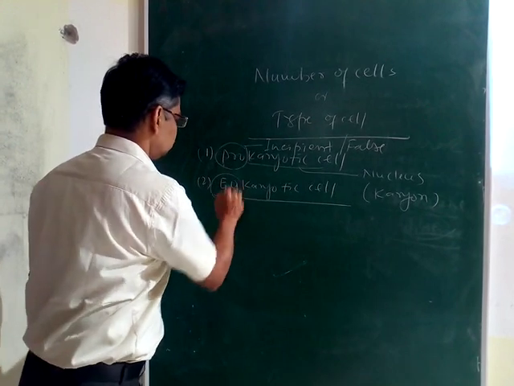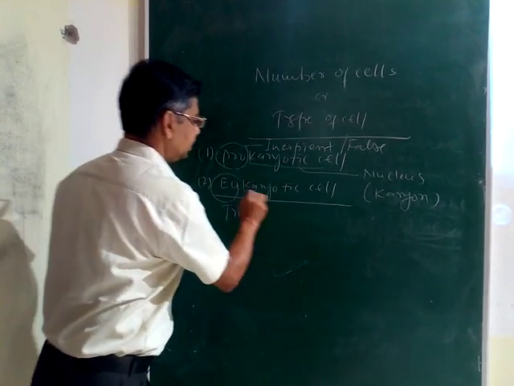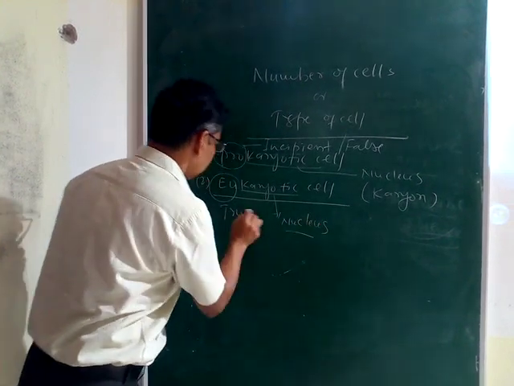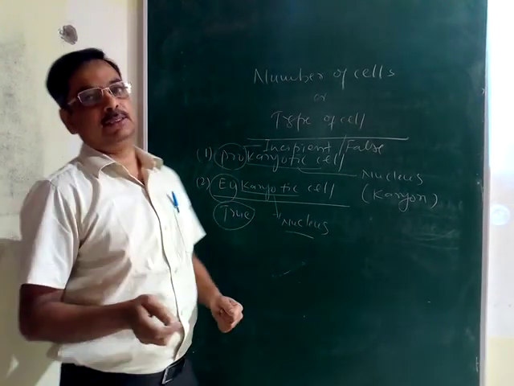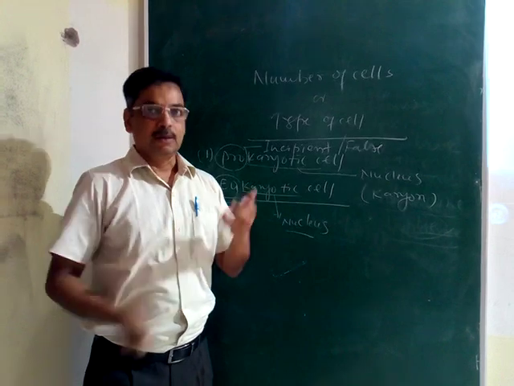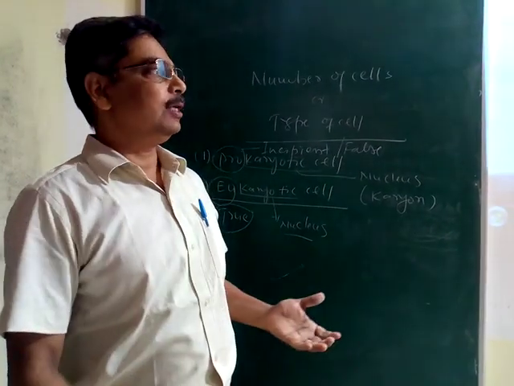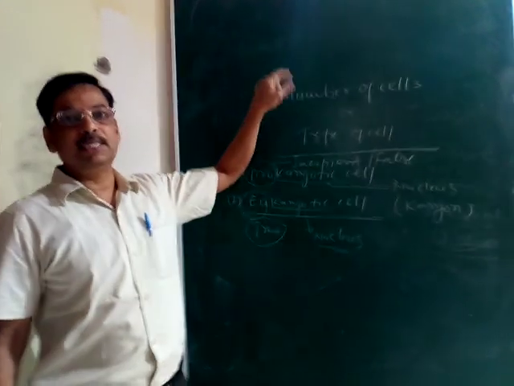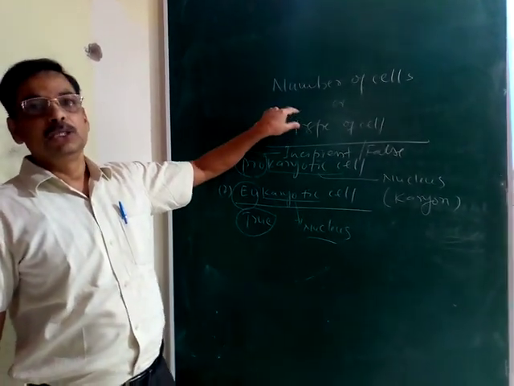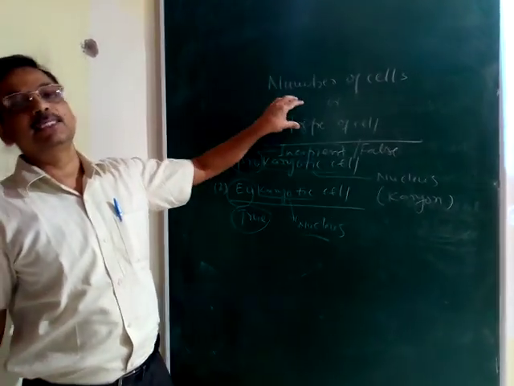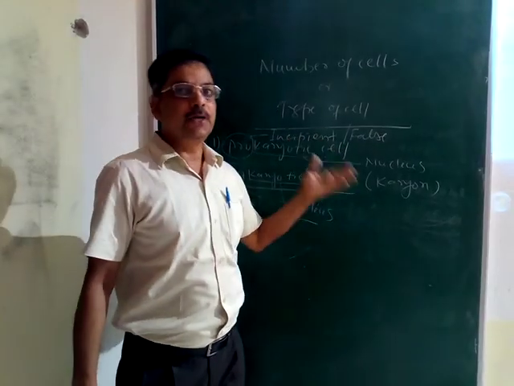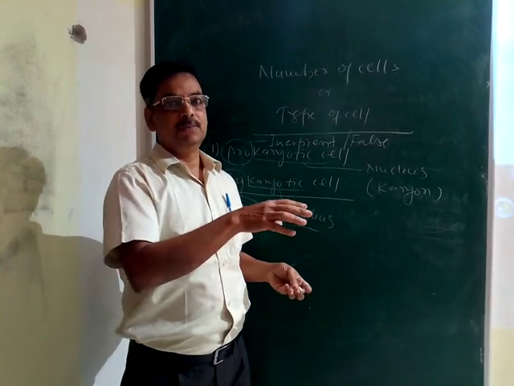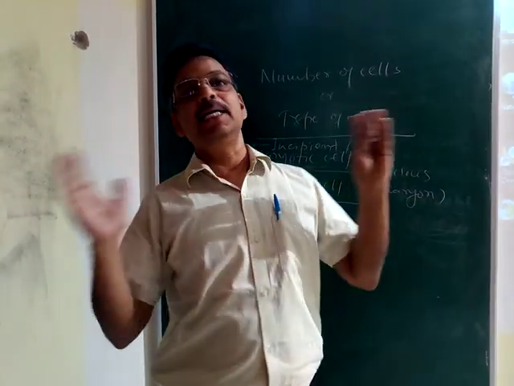Second, the eukaryotic cells. Eu means true, and karyon again means nucleus. So organisms which have a true nucleus, like we are eukaryotic organisms, have the nucleus present inside the cell. The cells in our body are eukaryotic cells.